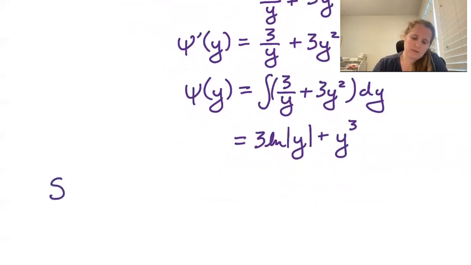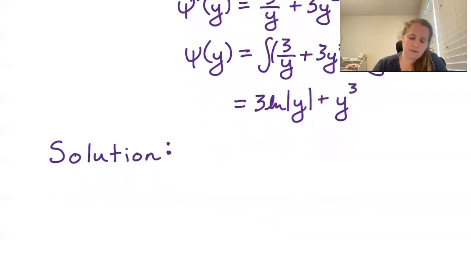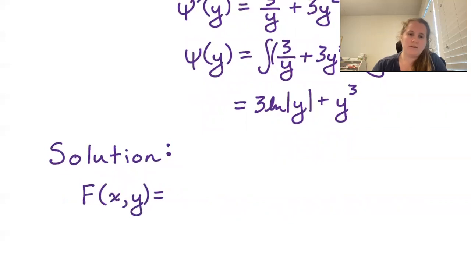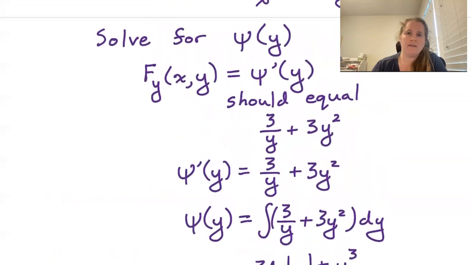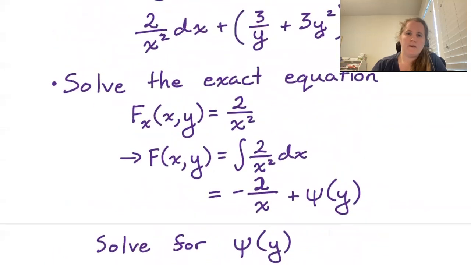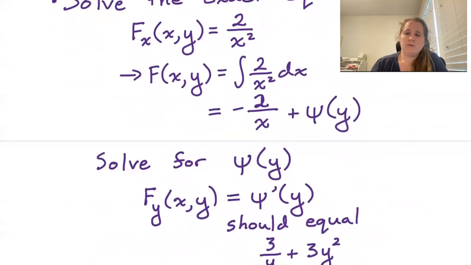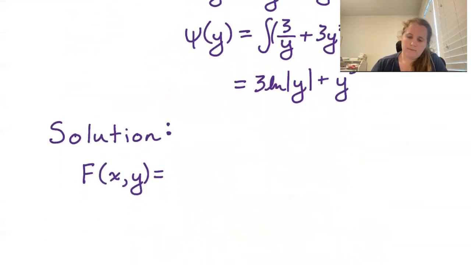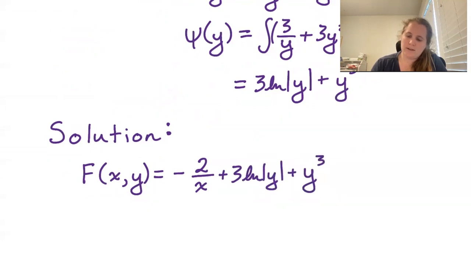So then our solution, we know we have our general solution, f of x, y set equal to c. So f of x, y is negative 2 over x plus our psi of y. So we have negative 2 over x plus 3 natural log absolute value of y plus y cubed. Set that equal to c.